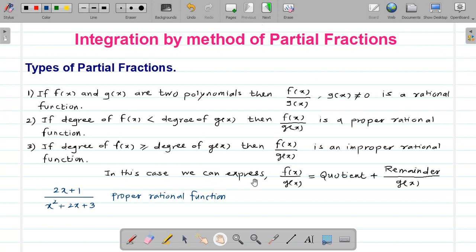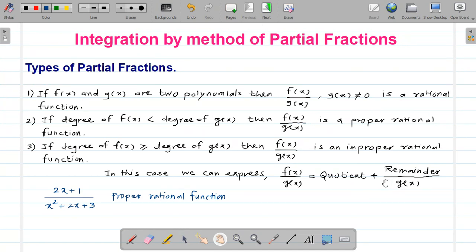We can express f of x upon g of x as quotient plus remainder upon g of x. We have to divide the polynomial f of x by g of x and express it in quotient-remainder form, so that f of x upon g of x is equal to quotient plus remainder upon g of x. The degree of the remainder will be less than the degree of g of x.